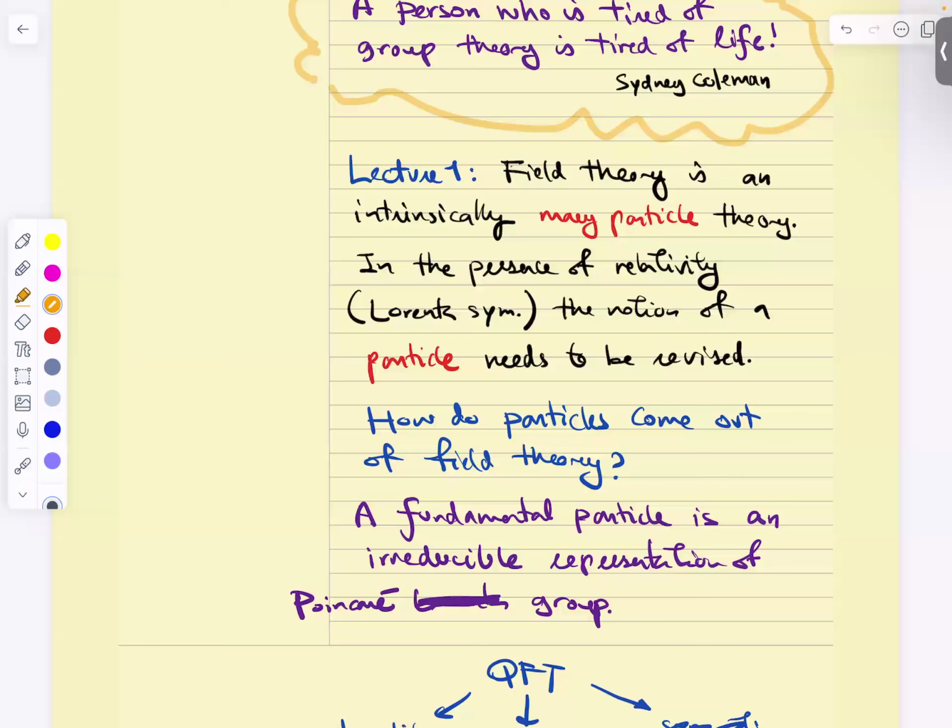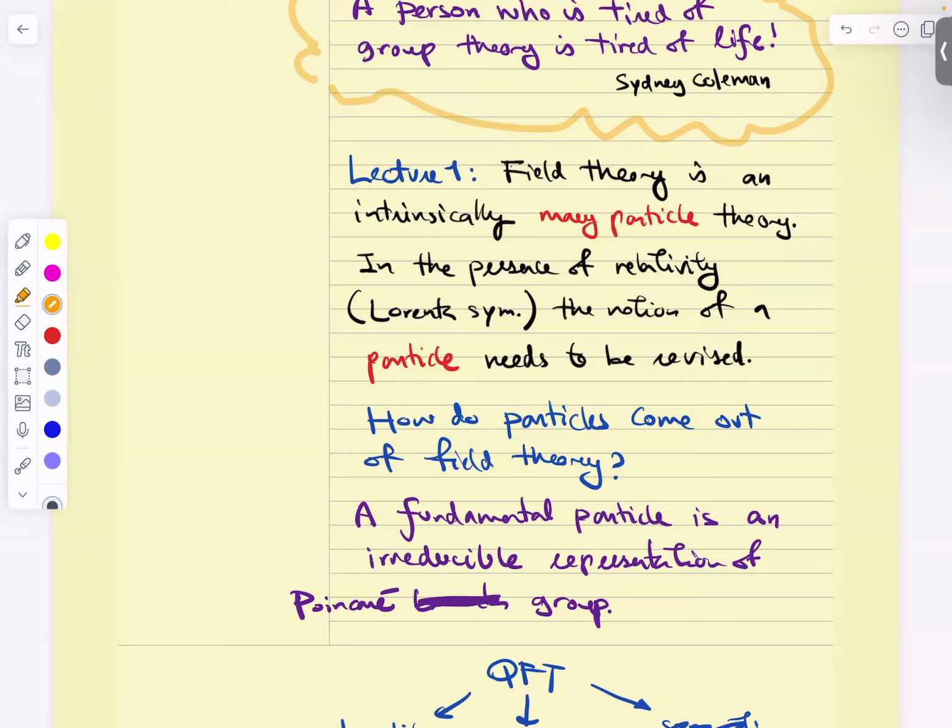It has to go out of the picture. You can't have a theory of a single particle. So we talked about fields. But once we have field theory, what was a particle anyway to start with? You have to be able to explain it. So how do particles come into the picture? A particle is an irreducible representation of the Poincare group.